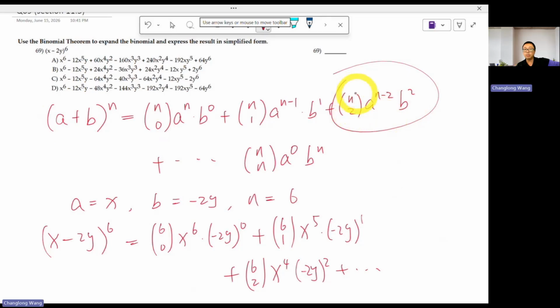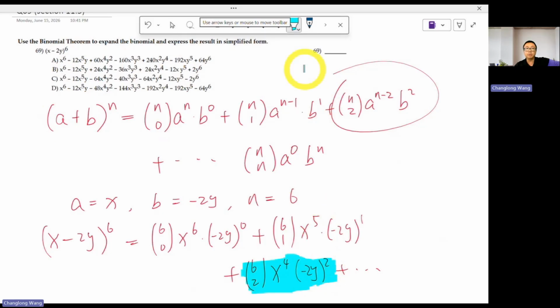So what does it look like? It has a binomial coefficient, nC2. That means I'm looking at 6C2, but that's not going to be the only thing that you're getting a number from. You're going to get a number from the negative 2 to the 2nd power, which is 4.